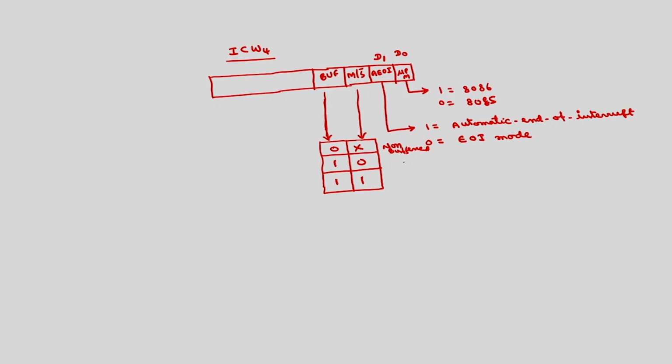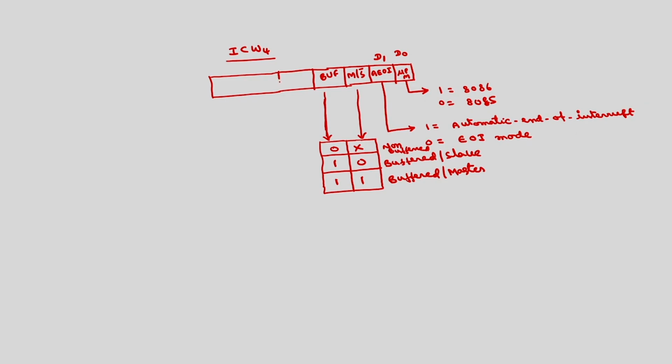What is meant by buffering we will discuss. 10 means buffered in slave mode, and 11 is buffered in master mode. So, it is about these next two pins, buffer and M by S bar.